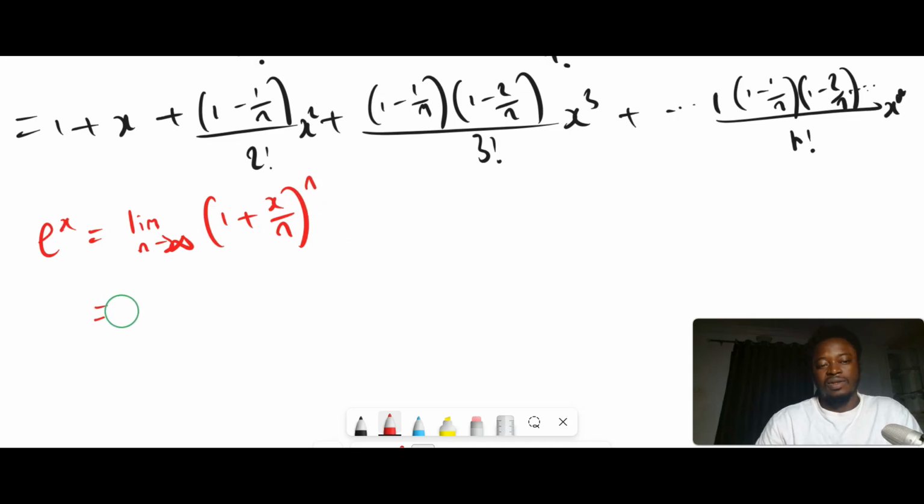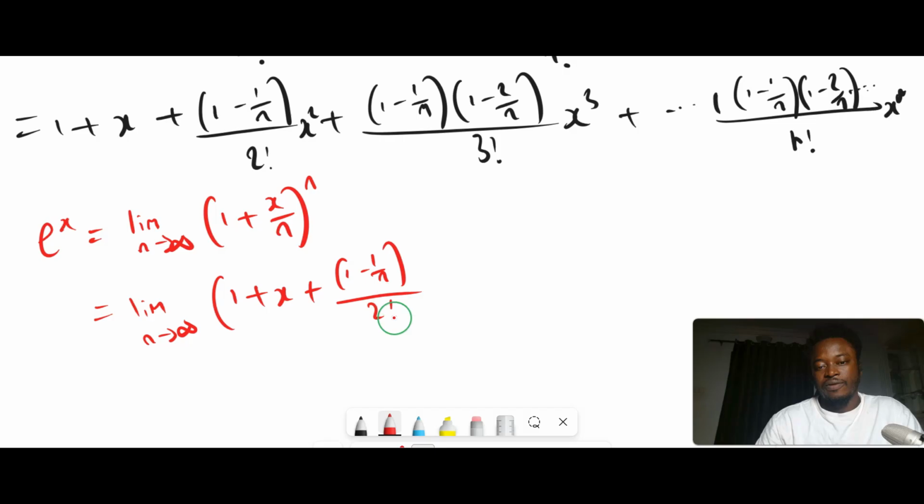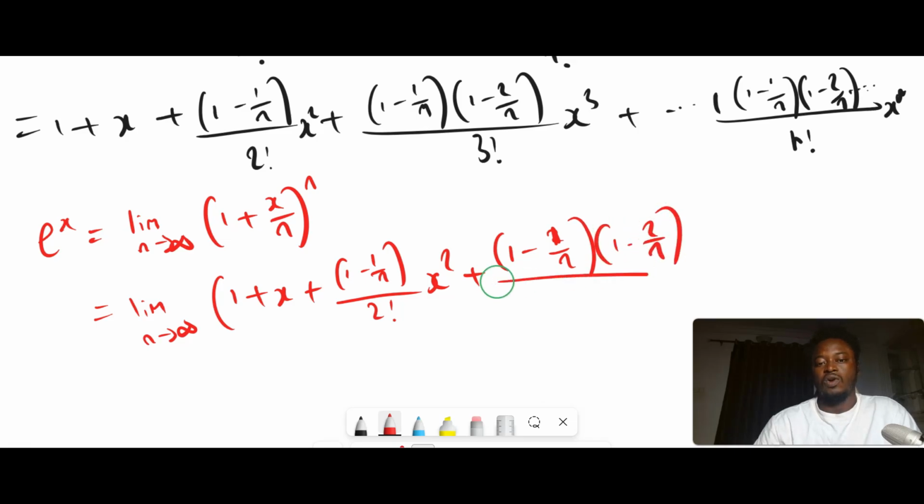So that is the limit as n goes to infinity of everything here: 1 + x + (1 - 1/n)/2! x² + (1 - 1/n)(1 - 2/n)/3! x³ up until infinity.